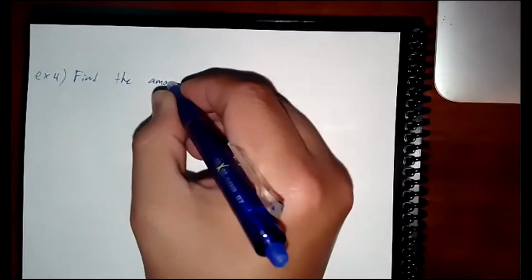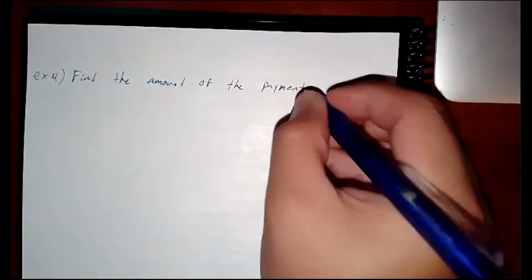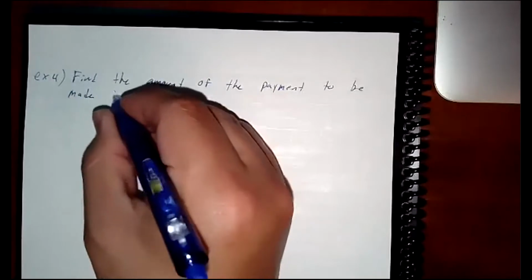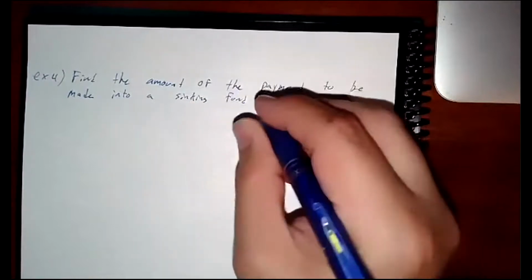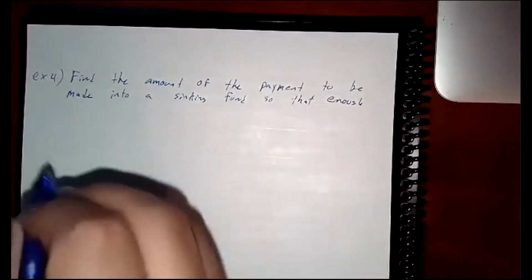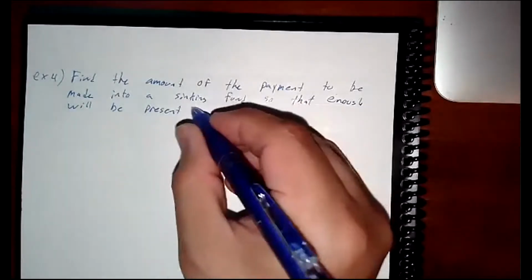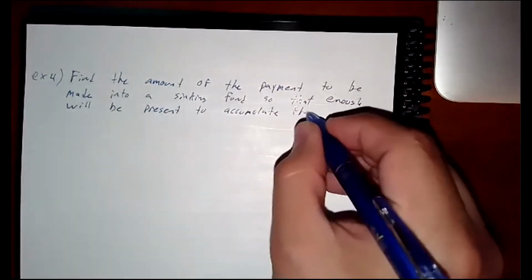This is: find the amount to be made to a sinking fund so that enough will be present to accumulate the following.